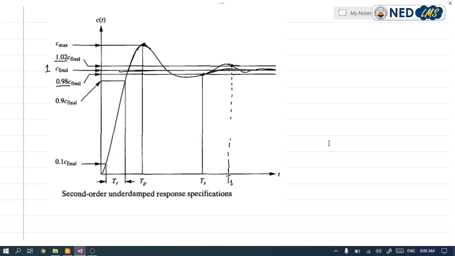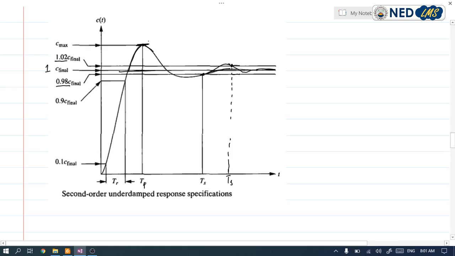In this plot, this point here is our peak time, and if we want to evaluate the value of peak time, we have to take the derivative of this output response plot. By taking the derivative of this plot, we are basically finding out its slope, and we know that at this point, which is our peak point, the value of slope is equal to 0.